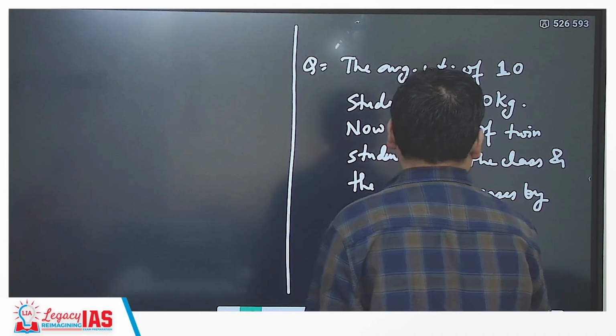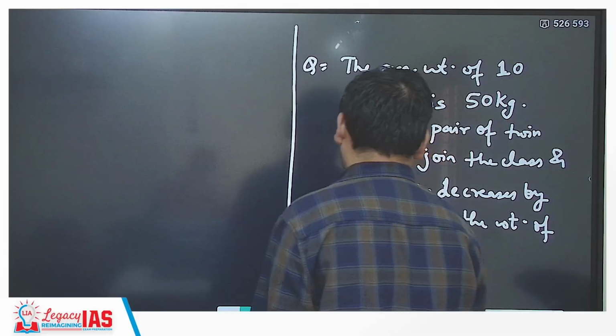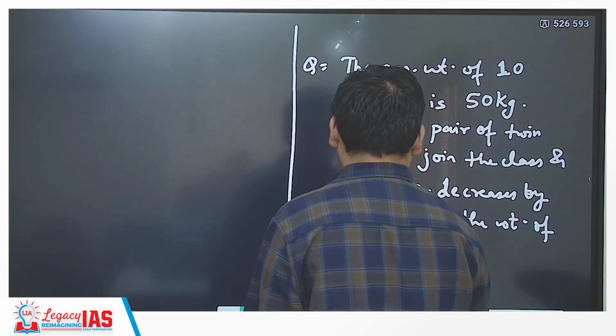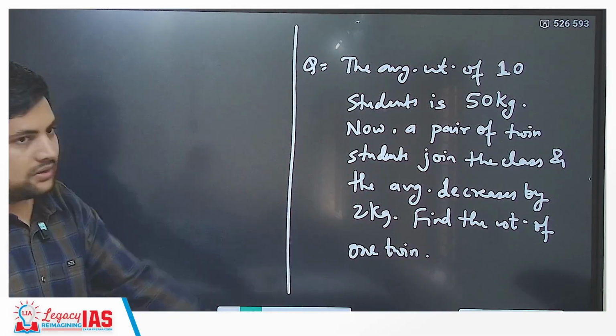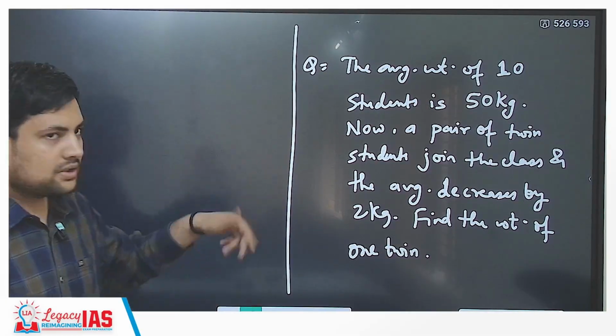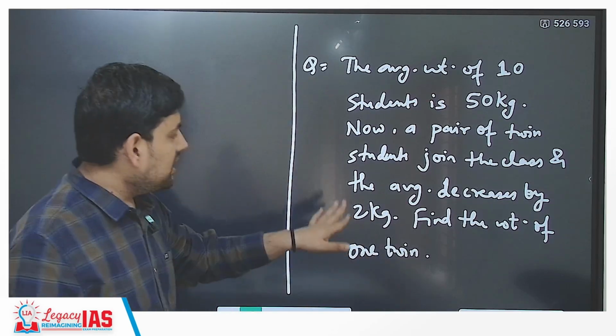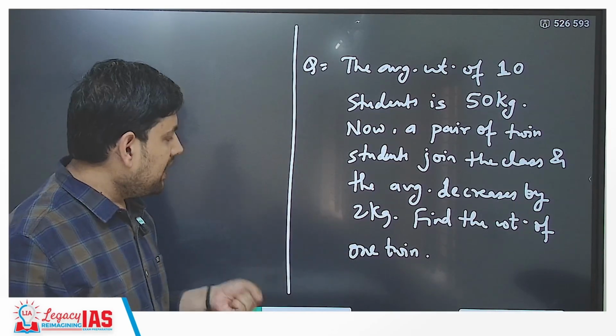Find the weight of one twin. Now if I have to do this: the average weight of 10 students is 50 kg. A pair of twin students join the class and the average weight decreases by 2 kg. Find the weight of one twin.